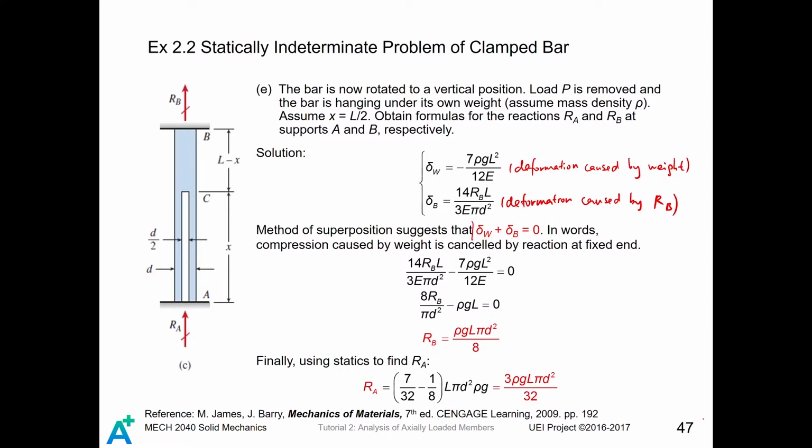In other words, to proceed with our problem, we just add those two together, which yields this part. Then we do some simplifications to get the reaction at B, which is rho g L pi d squared divided by 8. Finally, we use the equation of statics found previously to get the reaction at A, which is 3 rho g L pi d squared divided by 32.